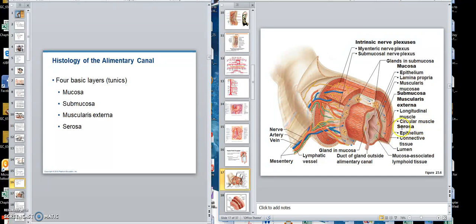Then we go to the serosa out here, which is the outermost. It's an epithelium and connective tissue to allow the sliding action. So we have several layers: 1, 2, 3, 4.